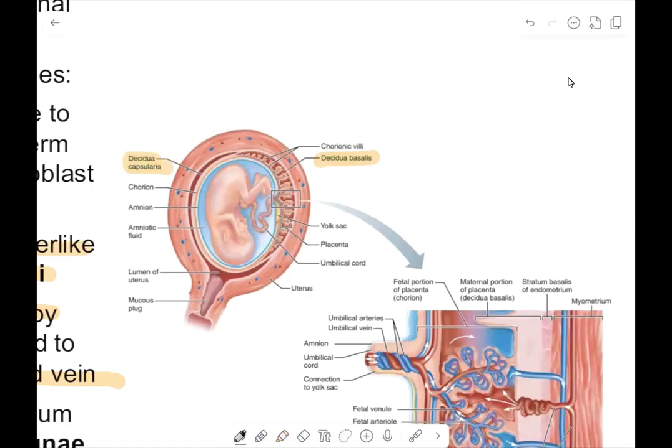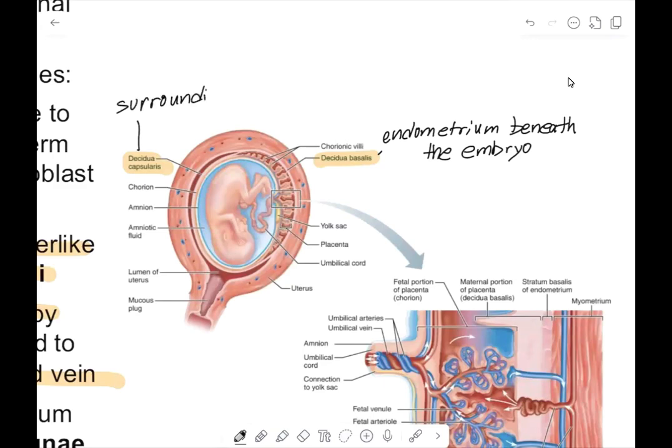The decidua basalis is the endometrium beneath the embryo, and the decidua capsularis is the layer which is surrounding the uterine cavity.